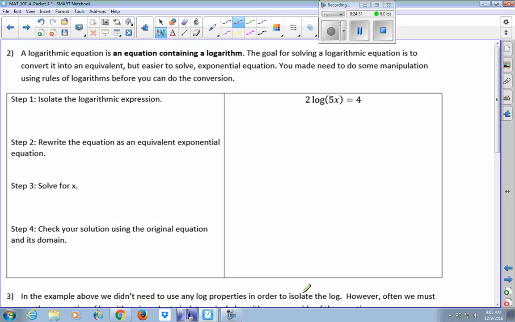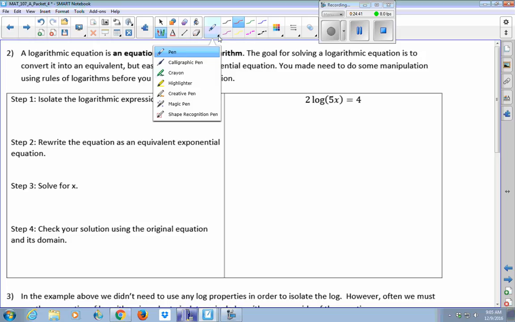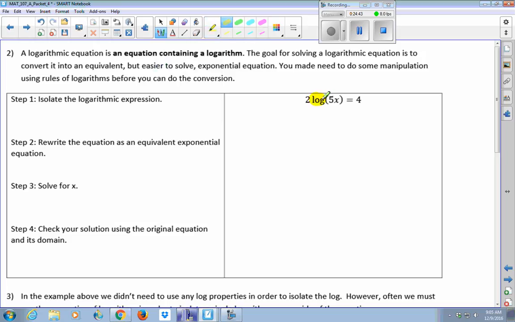So let's look at this. 2 times the log of 5x equals 4. So again, I want to isolate my log expression.